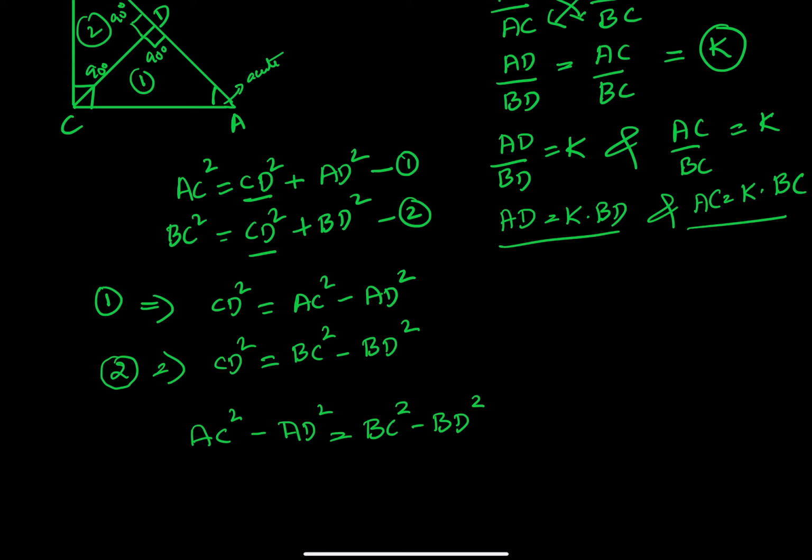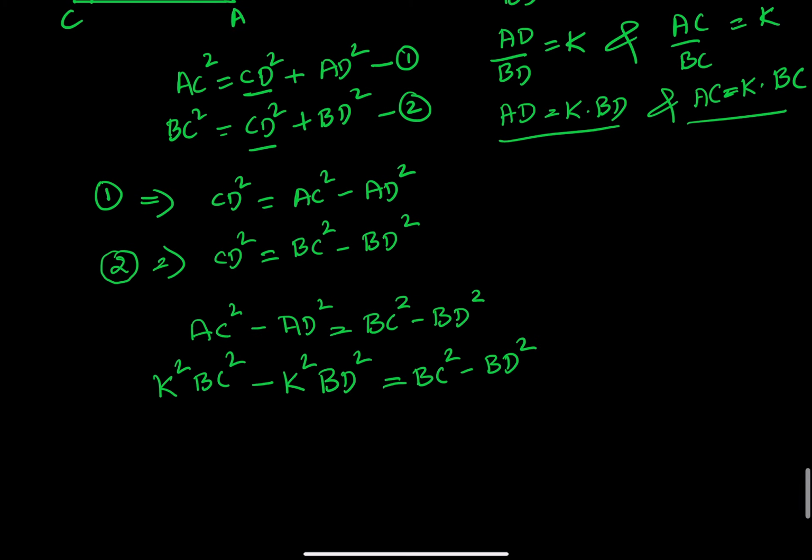Now we have more information here. AD can be replaced with K times BD and AC can be replaced with K times BC. So this will be K square BC square minus K square BD square, which is equal to BC square minus BD square.